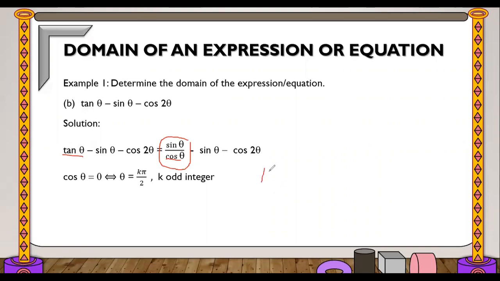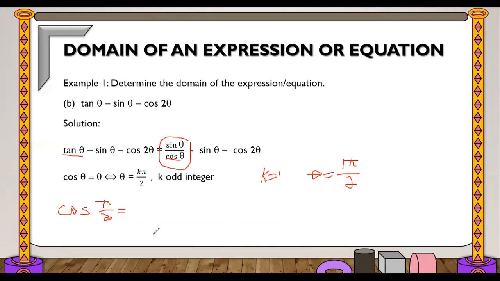So kapag kinuha natin ng k odd integer, let's say 1. Well, 1 is an odd integer. Sinubstitute natin doon. So ang magiging theta mo ngayon ay pi or 1 pi over 2. So, di ba kapag kinuha natin ang cosine pi over 2, kasi 1 pi over 2 is also pi over 2.